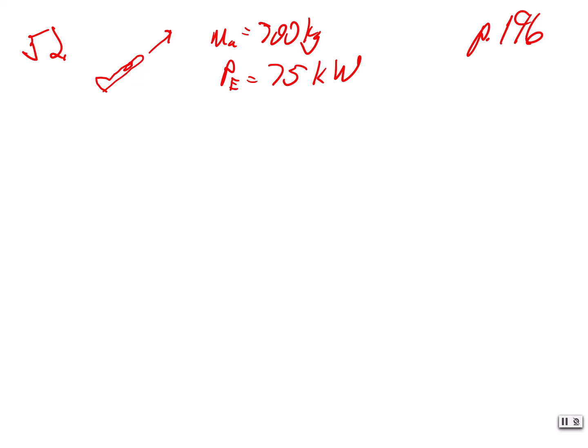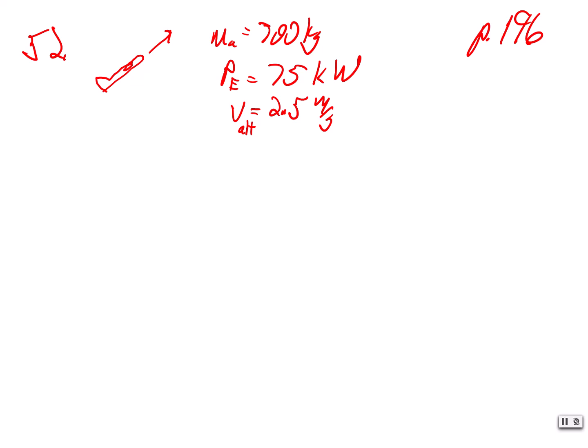It gains altitude at a rate of 2.5 meters per second. So the velocity of it increasing altitude is 2.5 meters per second. What fraction of the engine power is being used to make it climb?